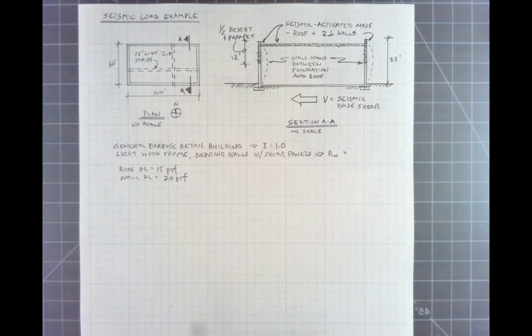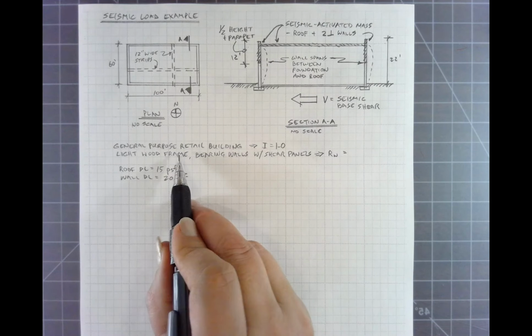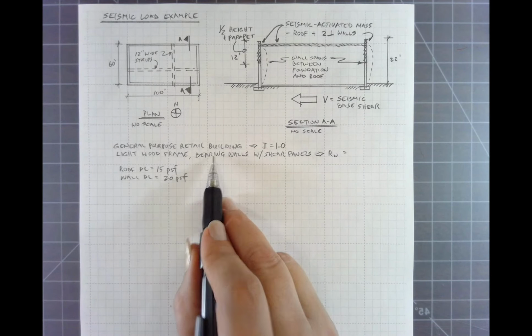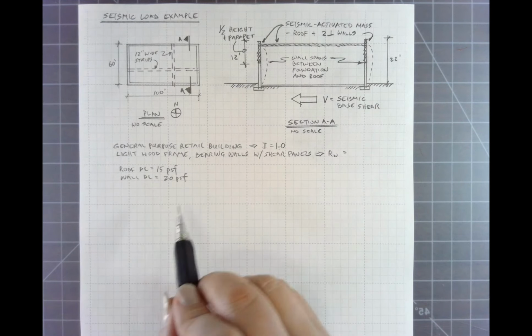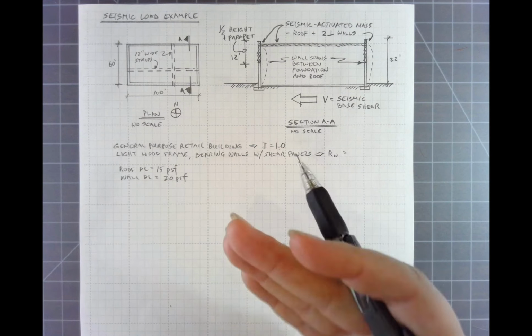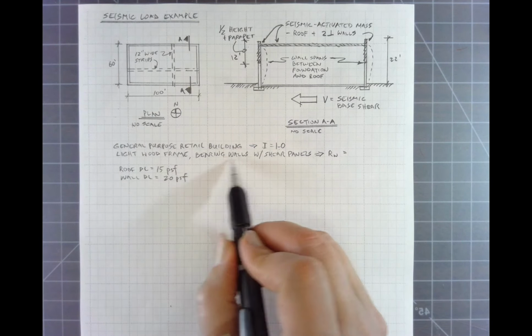So this is going to be just a general purpose building. Call this retail vertical structure. The importance factor is 1.0. So the part that we have to look up, it depends on what the constructive system is. In this case, we're going to call this a light wood frame with bearing walls and shear panels for stability.